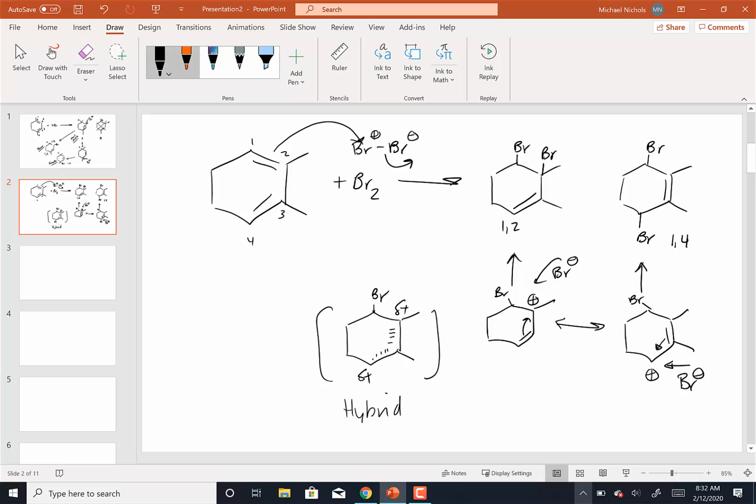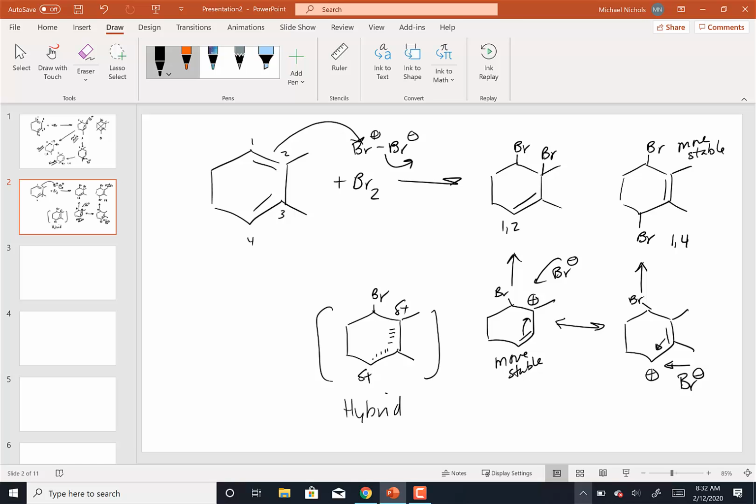What does 1,2 come from? Well, first of all, my question is, is 1,2 the most stable product? No, because the double bond in the 1,4 product has 4 attached groups. So did this come from the more stable intermediate? Yes, because it's a tertiary. So this is the more stable intermediate, and this is the more stable product.